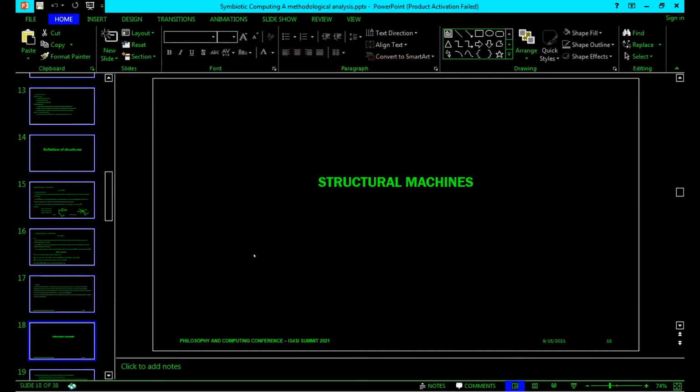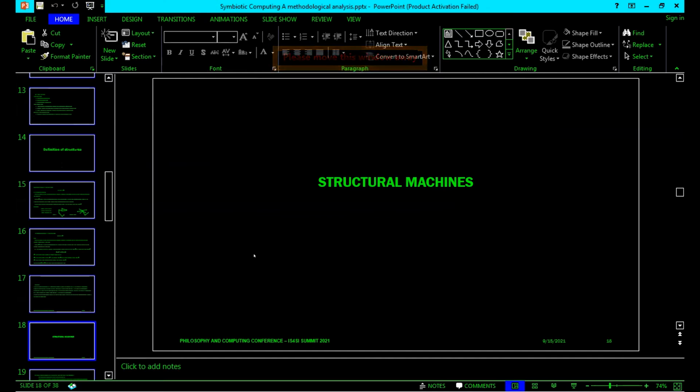And now we have also techniques and theory that support our types of computation, such automata that can perform symbolic computations, and they are called structural machines.